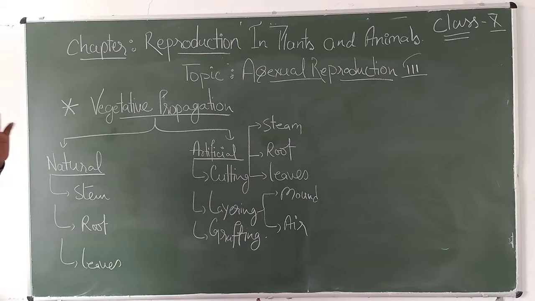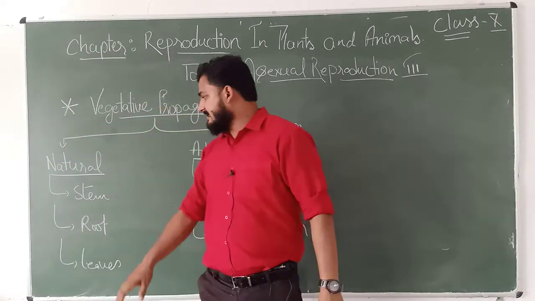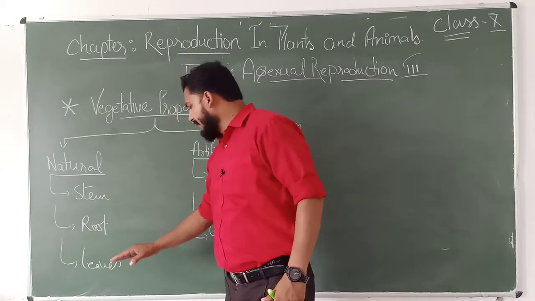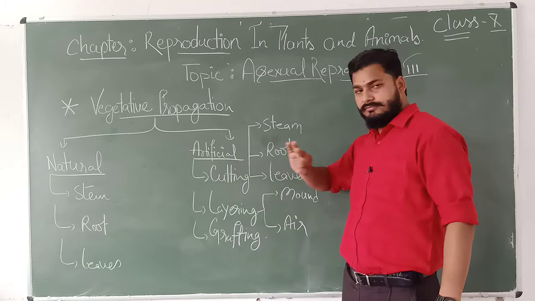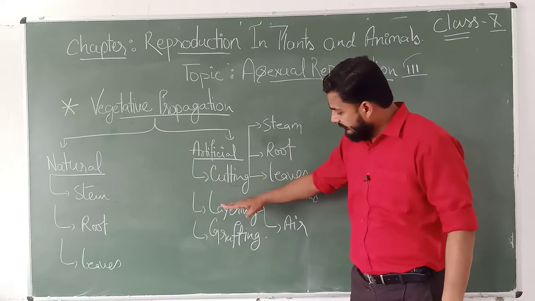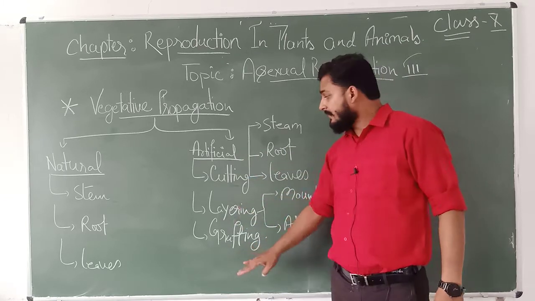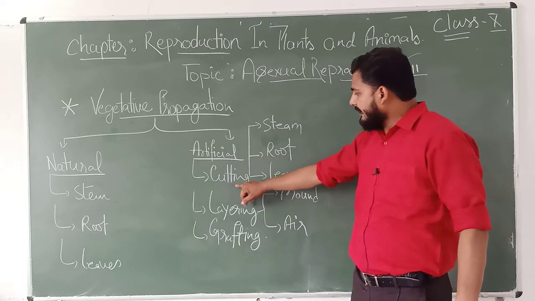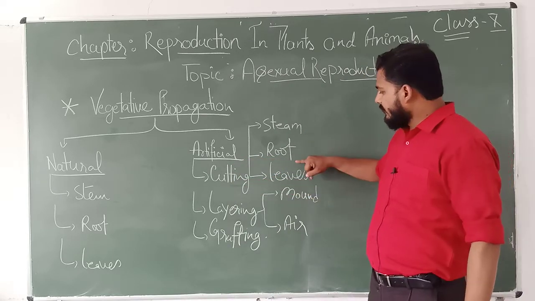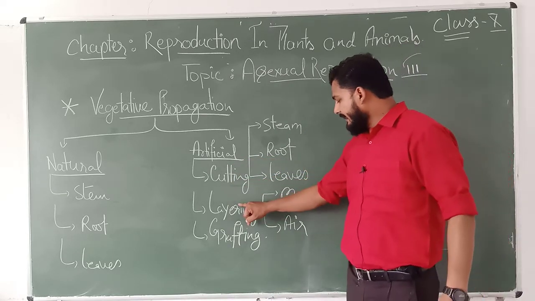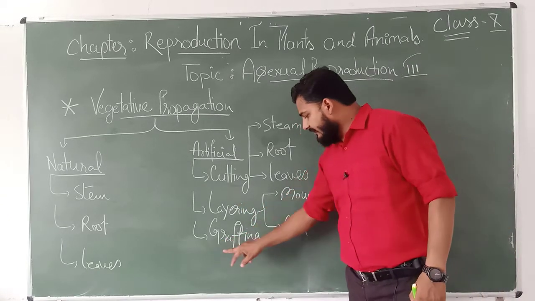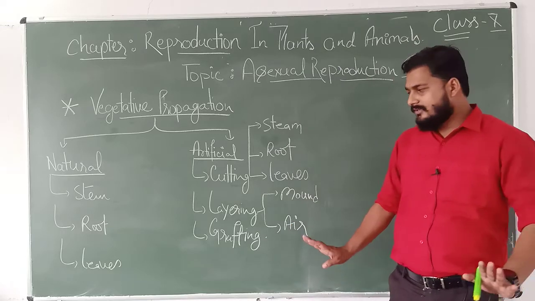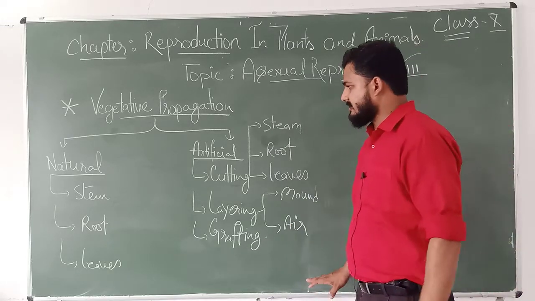Then natural is of three types. It can either be done by the stem, the plant root, or the leaves. Then artificial can be done by three techniques: cutting, layering, and grafting. Cutting can be of stem, root, and leaves. Layering can be mound and air layering, and grafting is a separate technique which has no classifications.